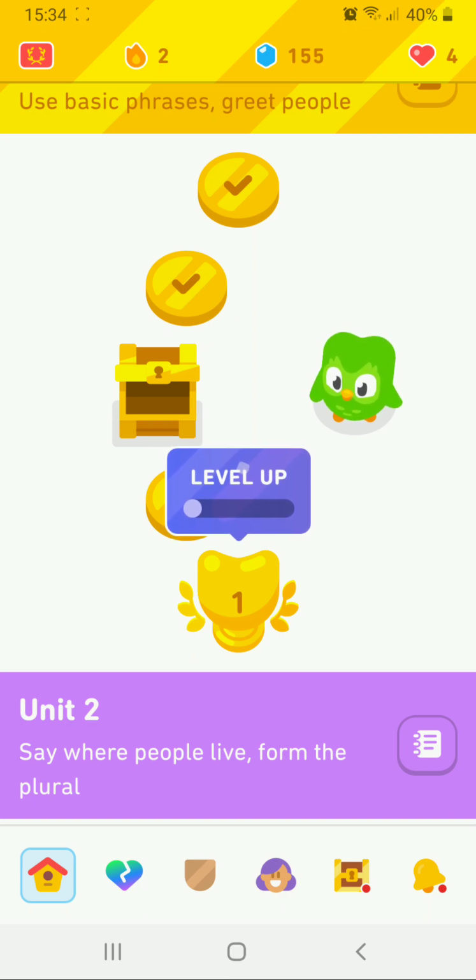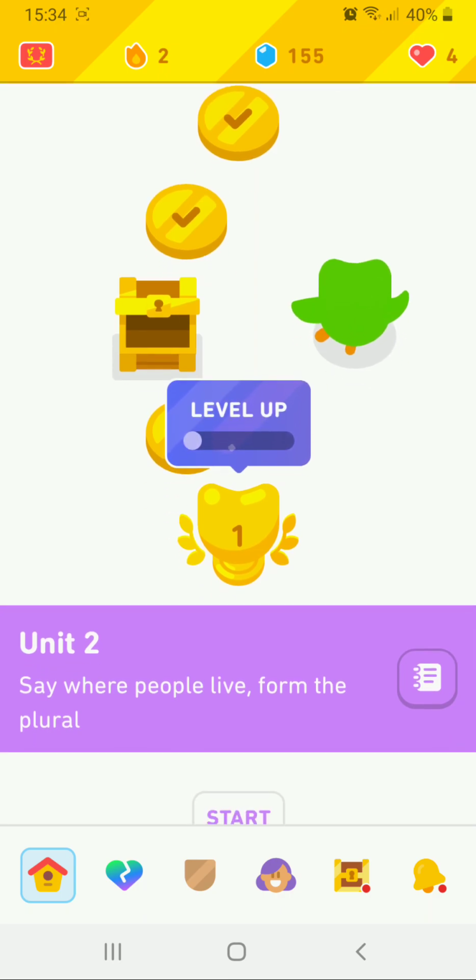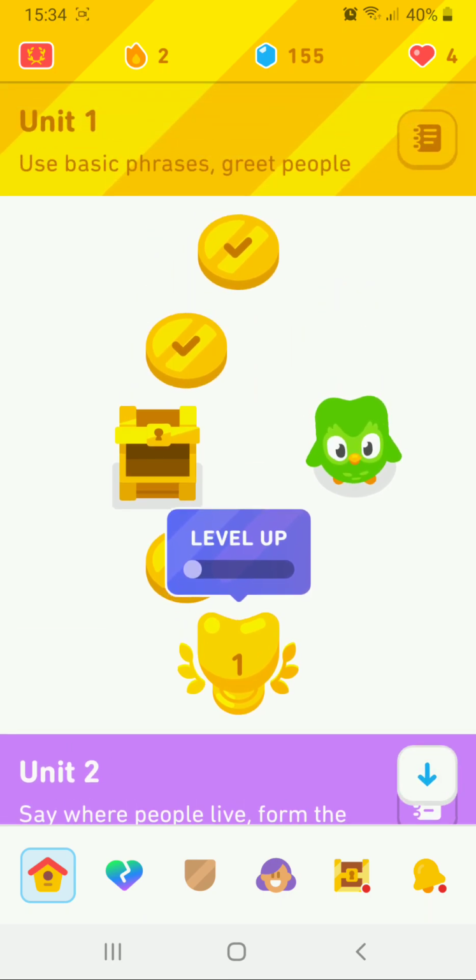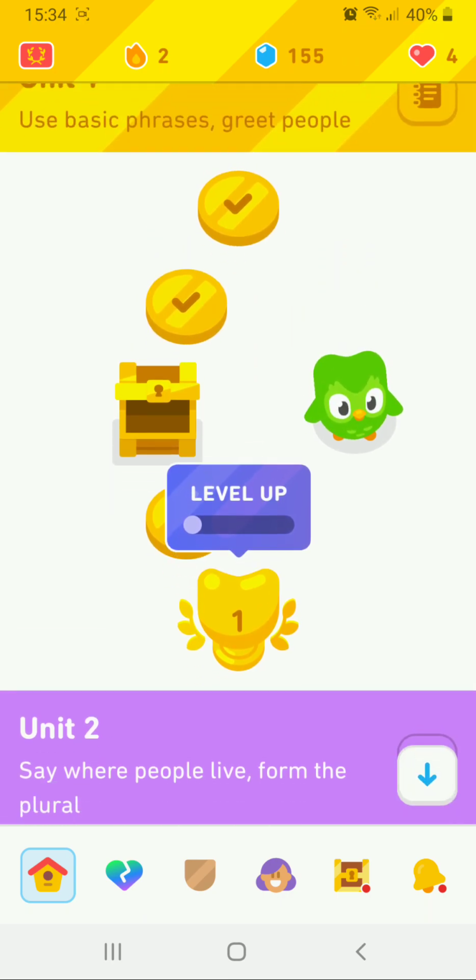So that's why it's very good what we're doing, and so we know different things.